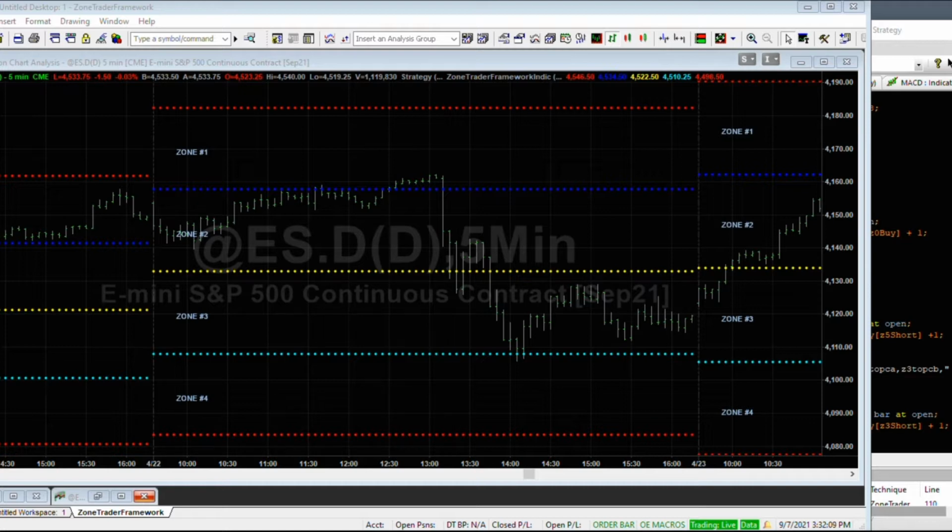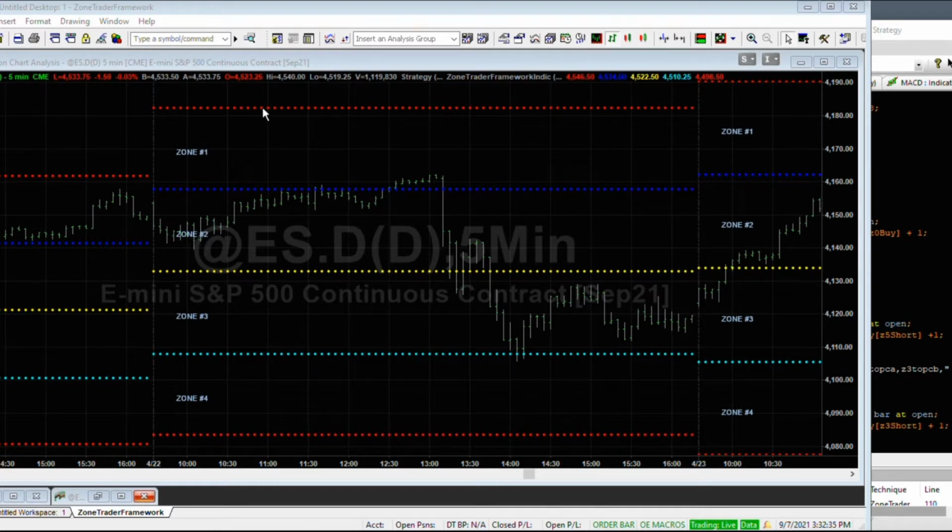Now, this zone, as you can see in front of you, there's 4 zones. I label them Zone 1, Zone 2, Zone 3, and Zone 4. But there's really 6 zones. You've got Zone 0, which is just above Zone 1, and you have Zone 5, which is below Zone 4. And each of these zones has boundaries.